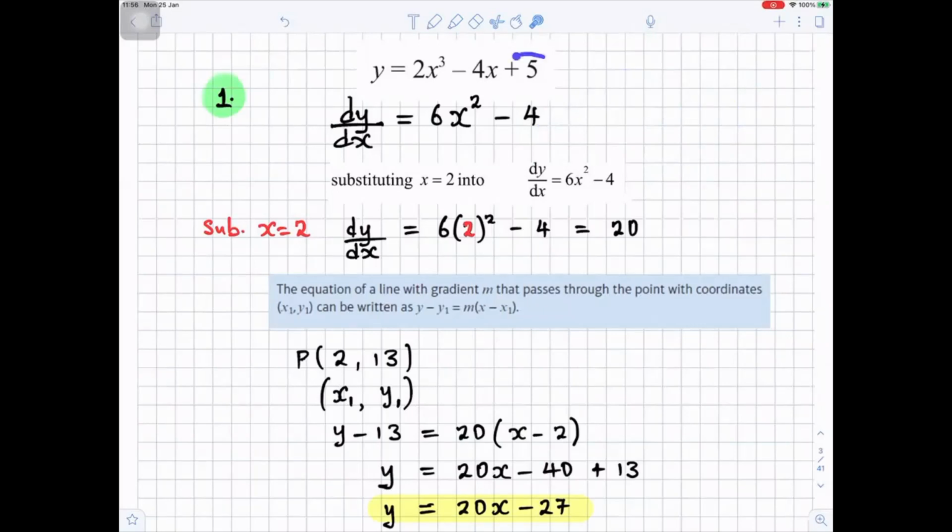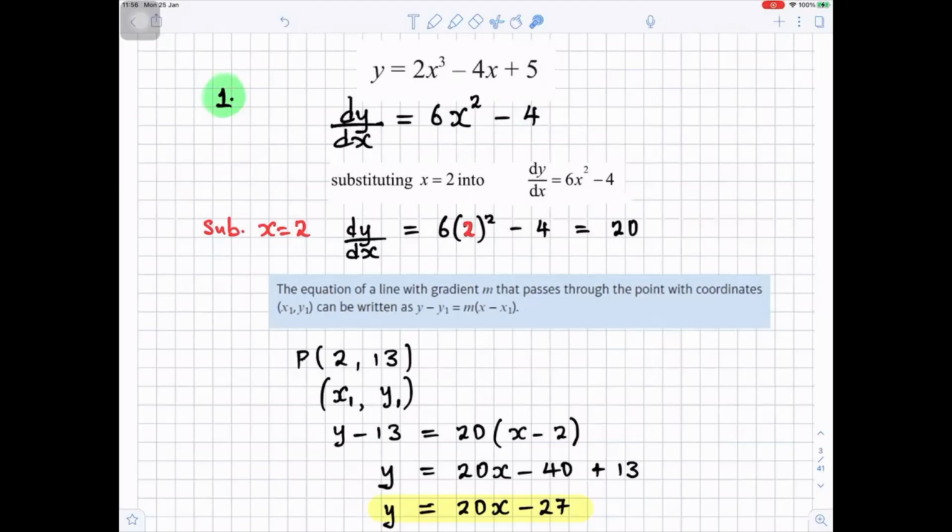And when you differentiate 5, it's the same as 5x to the power 0, so it's 0 times 5x to the power 0 minus 1, and 0 times any number is 0. So your answer is 6x squared minus 4.